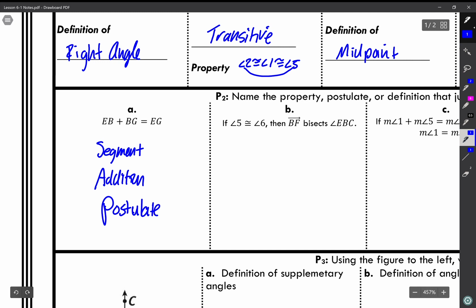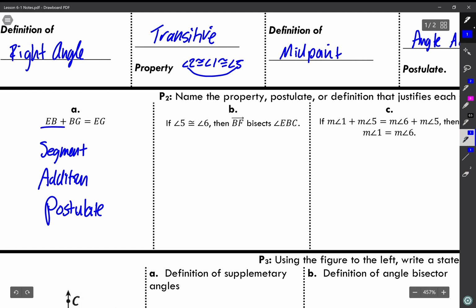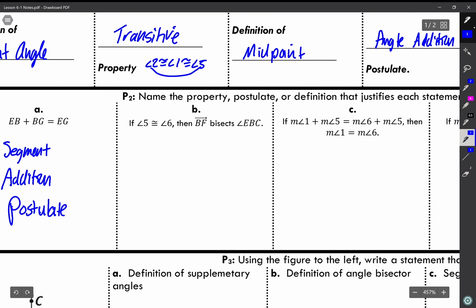See the similarities between this and what we did with the angle addition postulate. There have to be three different segments referred to in their lengths. No numbers whatsoever to use this.